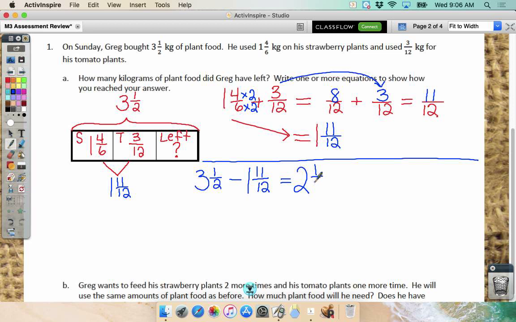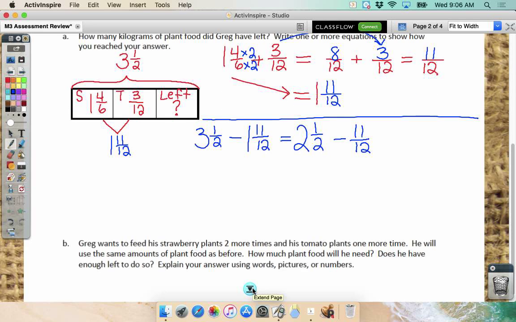So 2.5 minus 11/12. Okay? Use your 2. Do I need both of those or just one of those whole numbers? Just one. So if I just need 1, where am I moving the other one? To the bottom, right?